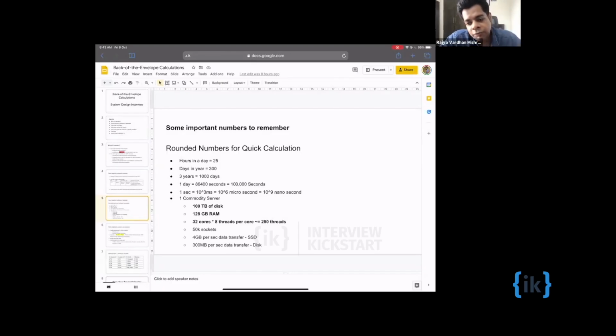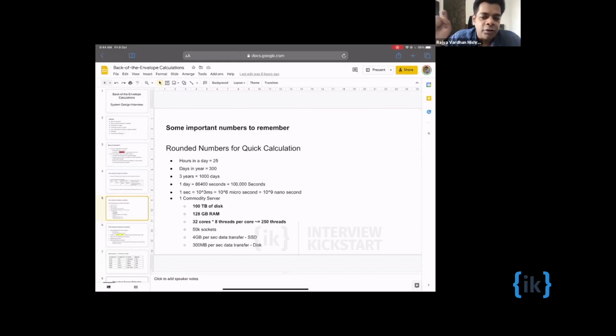So one commodity server, we can take a very good assumption that it has 100 terabytes of disk, 128 gigabytes of RAM, and 32 cores. And one core can run 8 threads. So again, the number 8 is a very approximate number.